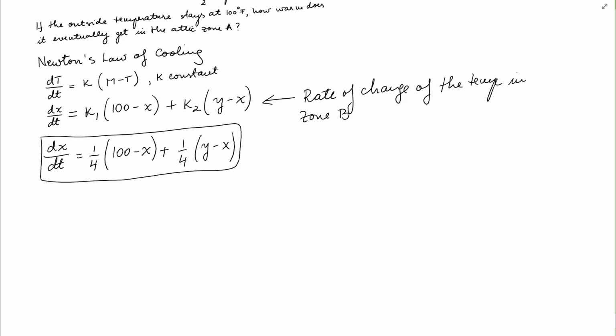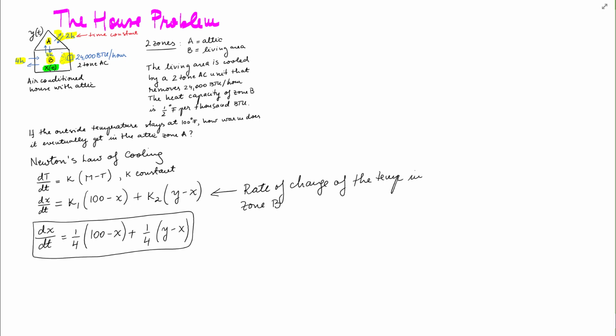Now let's take a look at zone A, the attic. So dy/dt. The attic exchanges temperature with the outside and with the inside.